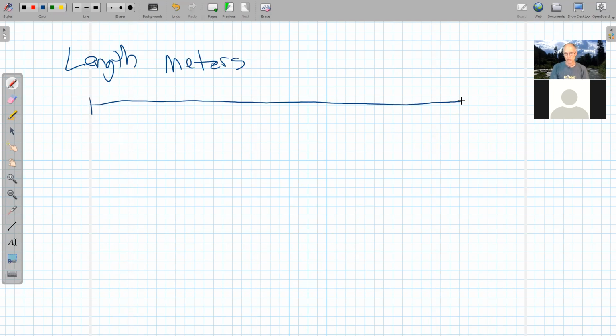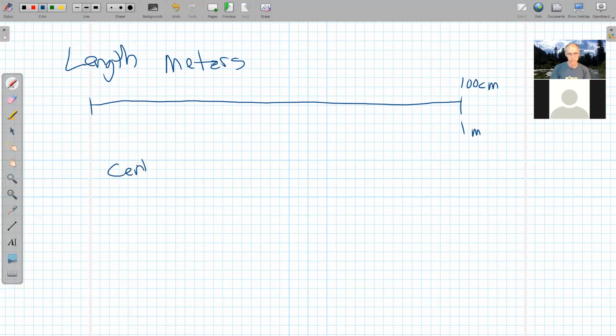So let's make believe that right there is 1 meter long. Usually M is the abbreviation for meter. Centimeters, the next smallest unit from meters, and that would be 100 centimeters. And the C for centi literally means 1/100th. So 100 centimeters, the centi is 100th of a meter.